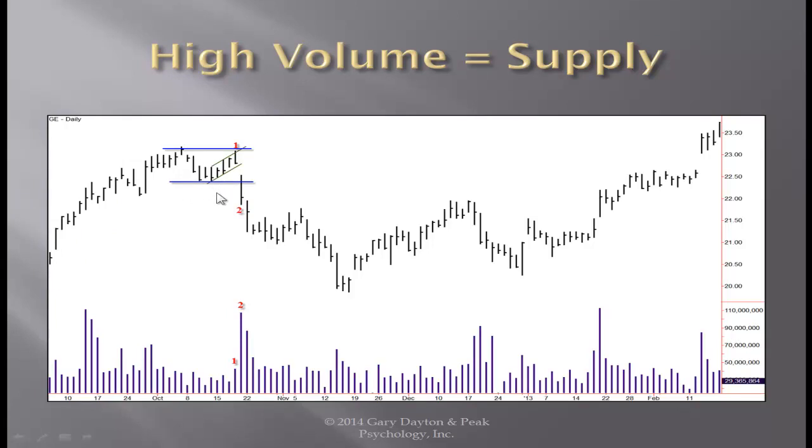High volume, when it's coming in as we break support to the downside, is very bearish. If we're breaking resistance to the upside, it's very bullish. So this is a key consideration. People talk about, oh, it's a high volume down bar, we should be buying.